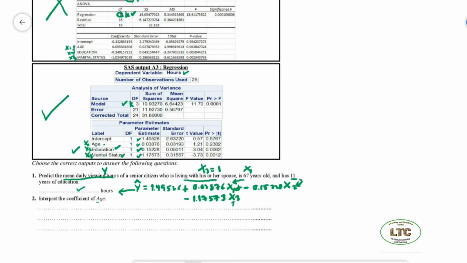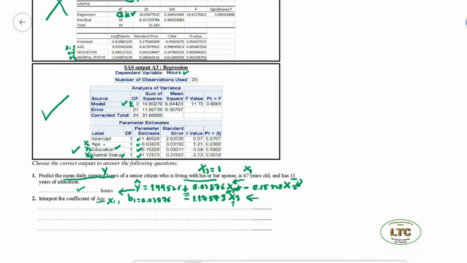And interpret the coefficient of age. Coefficient of age is x1, so you have to interpret b1. b1 is 0.03876. So according to this equation, you can see if x1 increases by 1 year, or if the age of a person in the population increases by 1 year, he or she will watch television for a longer time.